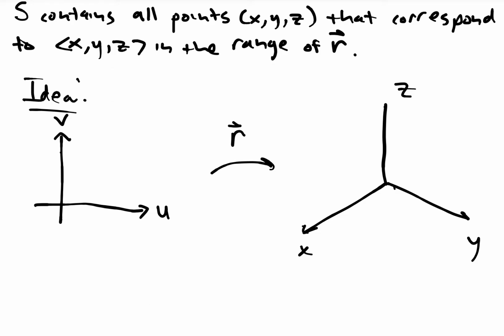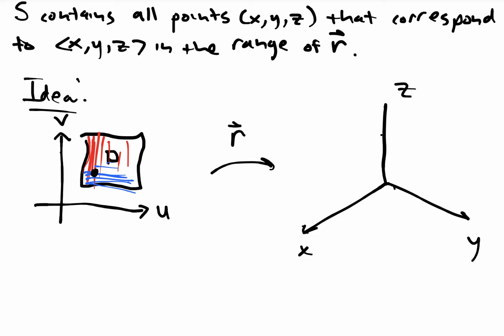Now, what's happening is this. You have to start out with some sort of region D here. It doesn't necessarily need to be a rectangle, but for sake of my drawing not being too difficult, I'll start off with a rectangle. And every single point inside of this domain D is going to correspond to a point on my surface.